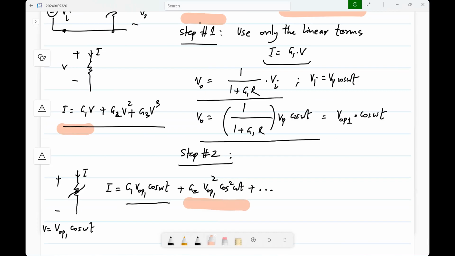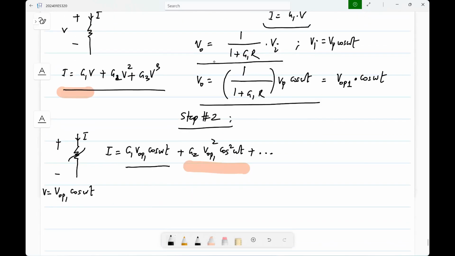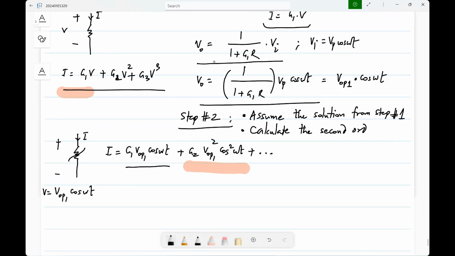So now what can this be represented as? I have only these two. Now, this first order term can of course be represented as a resistor whose conductance is G1.